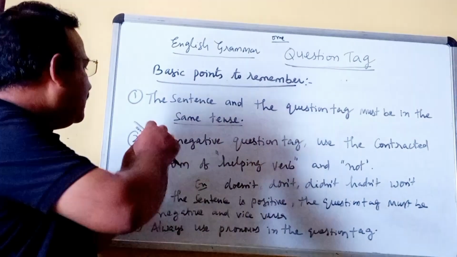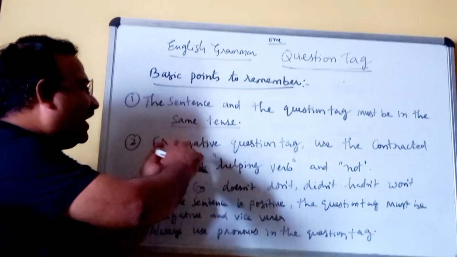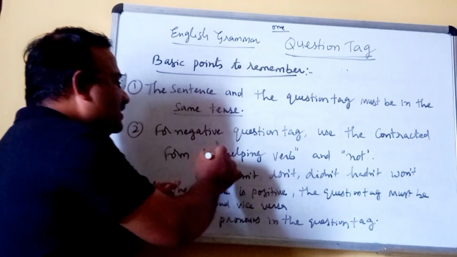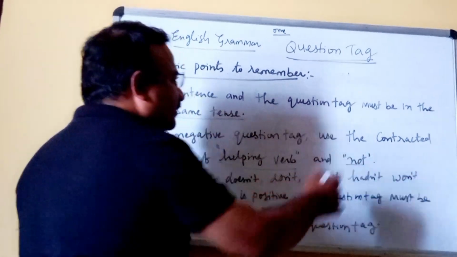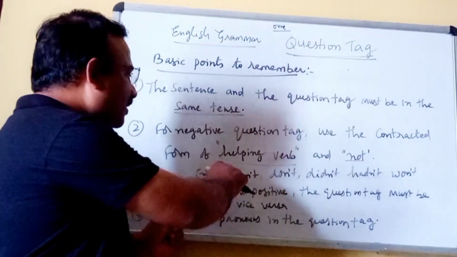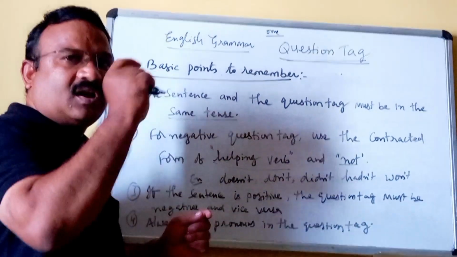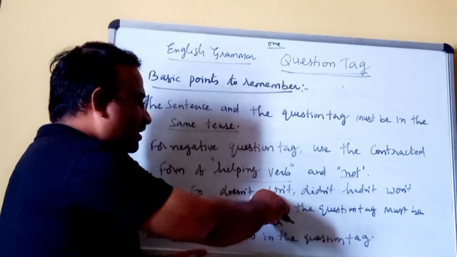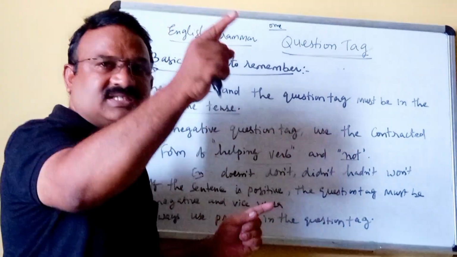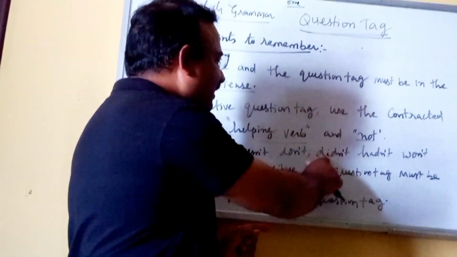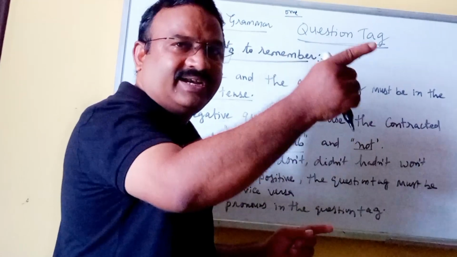Okay. And second point, for negative question tag, use the contracted form, that means helping verb plus not. Okay. For example, is not, isn't; does plus not, doesn't; do plus not, don't; did plus not, didn't.